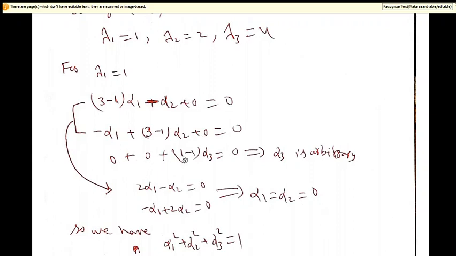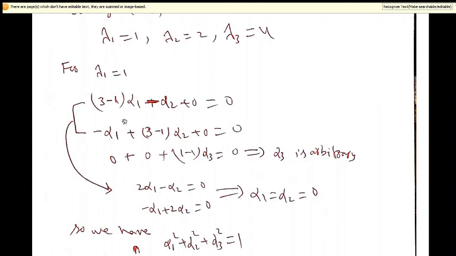This is 0, plus 1 minus 1, since T33 is 1, into alpha 3 is equal to 0. From the last equation of this system, we have 0 times alpha 3 equals 0, so the system is satisfied for all values of alpha 3. So alpha 3 is arbitrary.